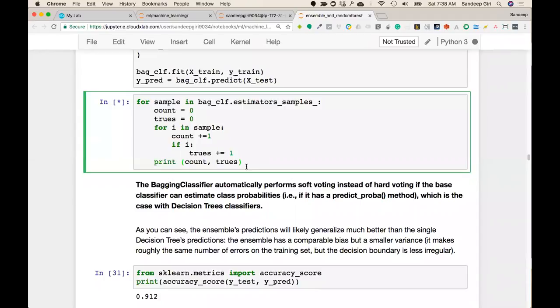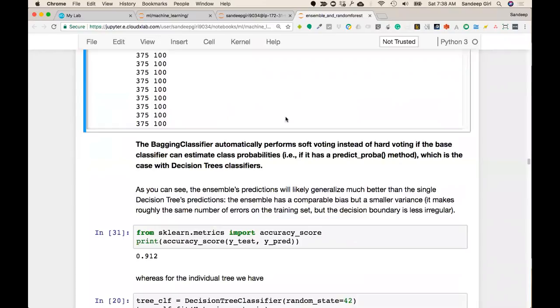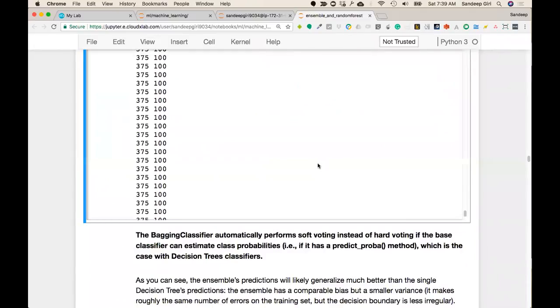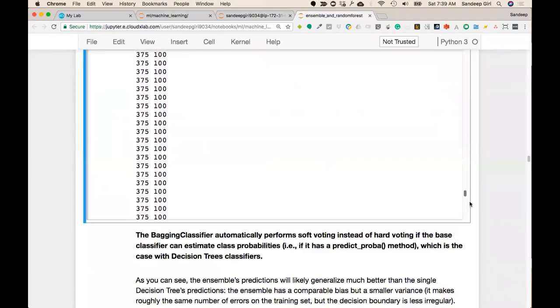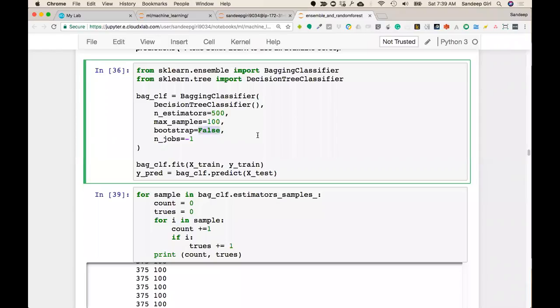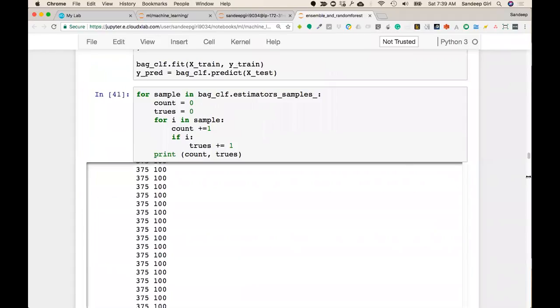Okay, let's see what happens. Is there an infinite loop in this? I don't see that. Looks like it's just an iteration that's taking too much time. Wow, actually the interesting part is that even when we used bootstrap as false, it still picked 100 records from each sample.